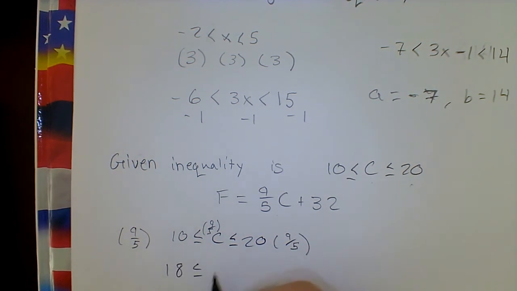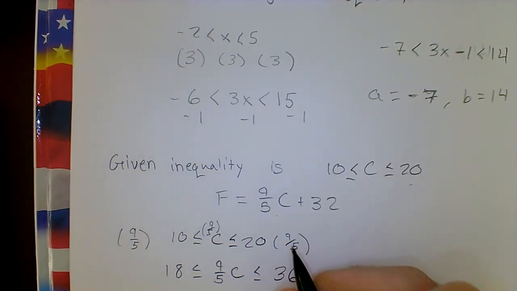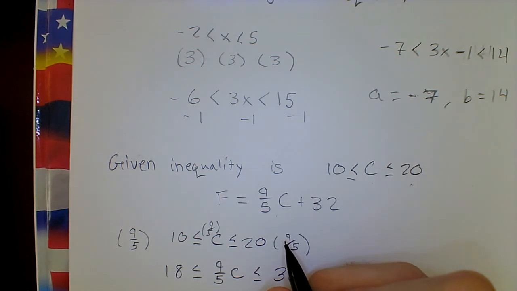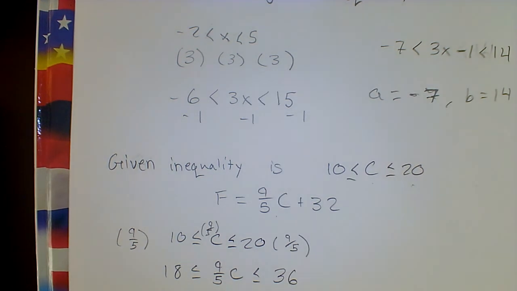So 18 is less than or equal to 9 over 5 times C, which is less than or equal to 36. 20 times 9 would be 180, and then if you divide that by 5, you get 36.